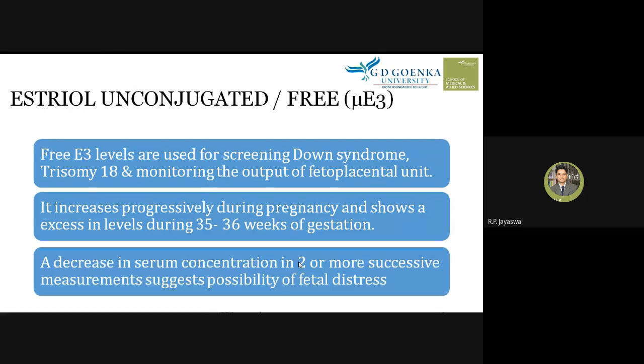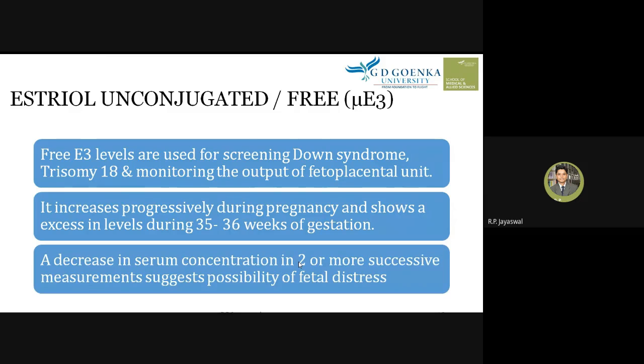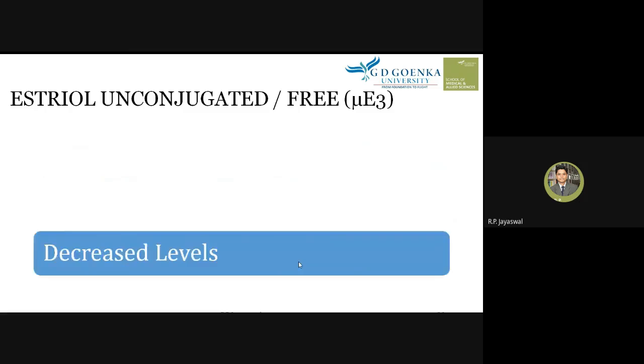A decrease in serum concentration in two or more successive measurements suggests the possibility of fetal distress. Fetal distress means there may be a lack in the development, so there is an immaturity in the fetus, and the value may be decreased in the serum.